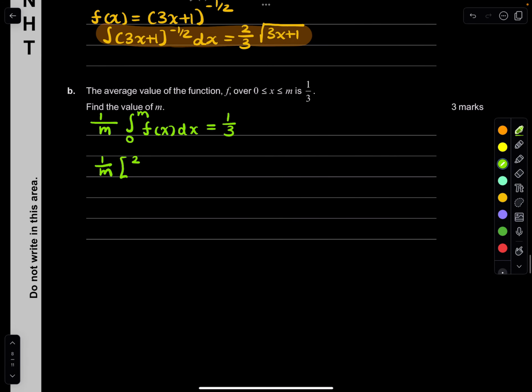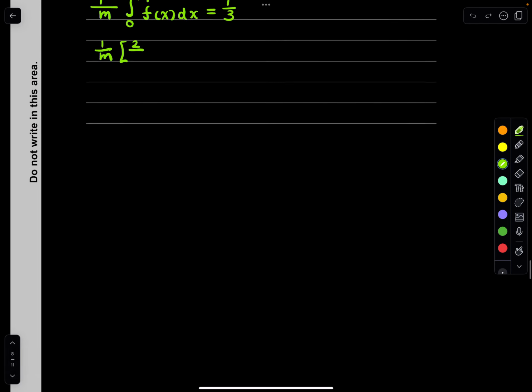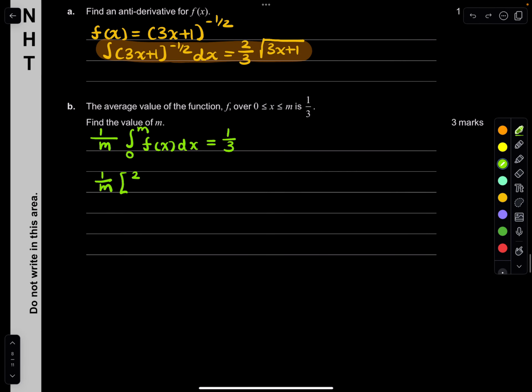So 2 on 3. Oh, that's a constant. Take that 2 on 3 out to make your life easier. So just leave it as 3x plus 1. And that 2 on 3, put it here. So if you take that 2 on 3, it will become like that, equals 1/3.